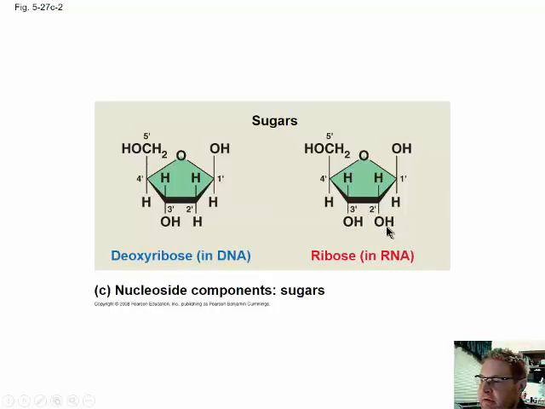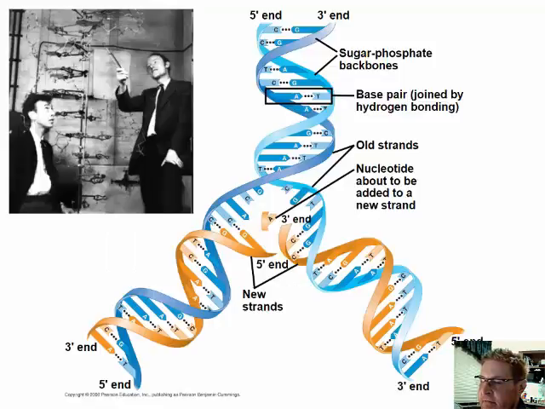I've already covered the sugars, with the DNA having just an H at the 2' position, and in ribose, the 2' position has an OH. Like I was saying before, this OH makes RNA much less stable.